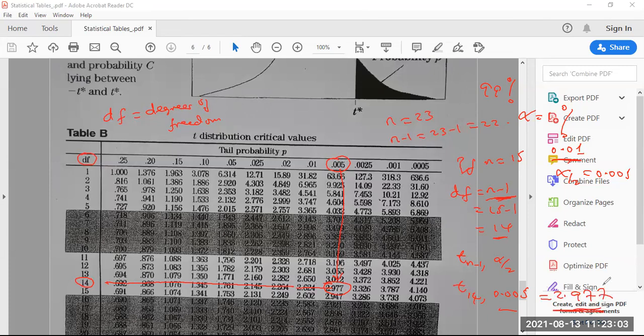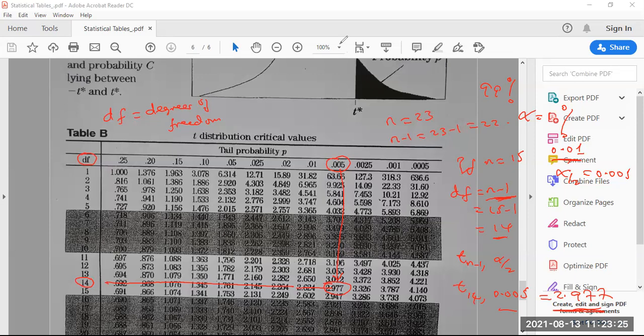Are you seeing that, class? I'm just showing you how to read the student's t distribution table. Is that clear? Yes. So that's just how to read it.